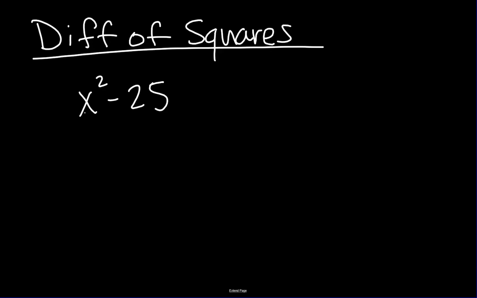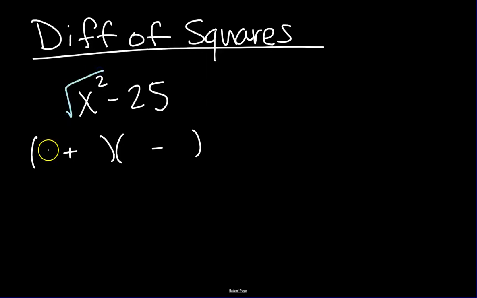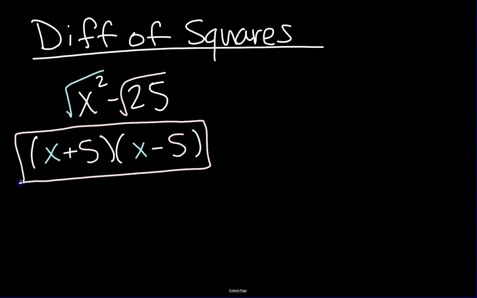So because the middle piece was missing, remember we talked about the word conjugate, it means we have the exact same thing except one is plus and one is minus. That's the only way that when they multiplied through that my two middle terms got canceled out. Okay, so to figure out what that is, we're going to do the square root of x squared, which is x, and then we're going to do the square root of 25, which is 5. So we have x plus 5 and x minus 5 as our answer for that one.